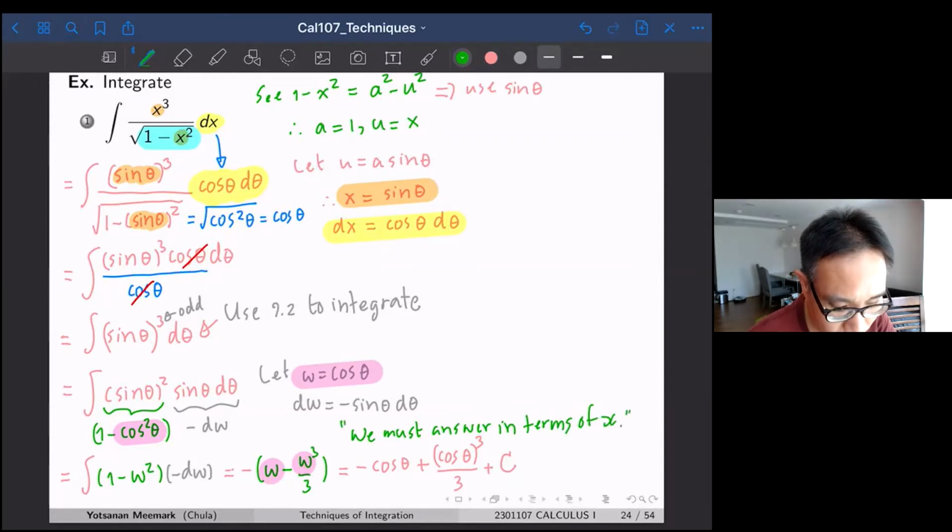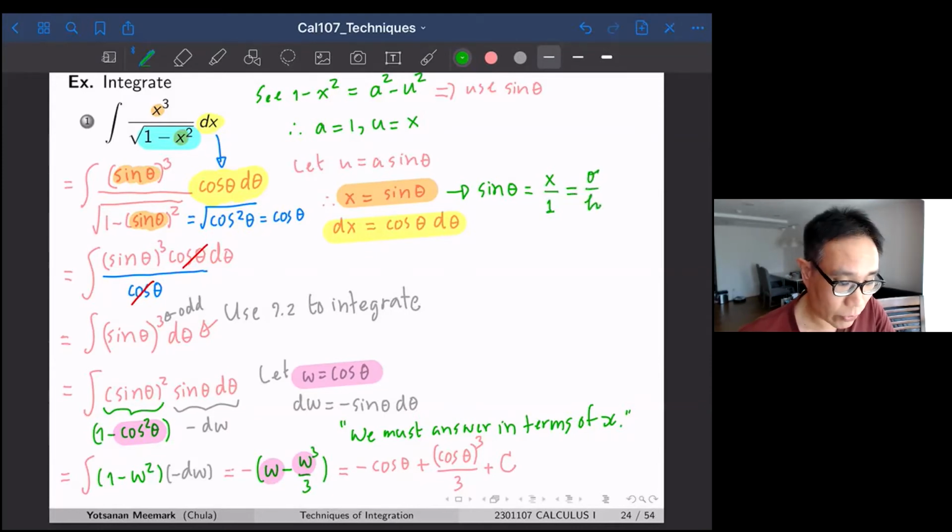Okay, so we must answer in terms of x. Can we find cos theta in terms of x? The way to find cos theta in terms of x is to look at sine theta. You have x equal to sine theta, so sine theta must be x over 1, and this is opposite over hypotenuse.